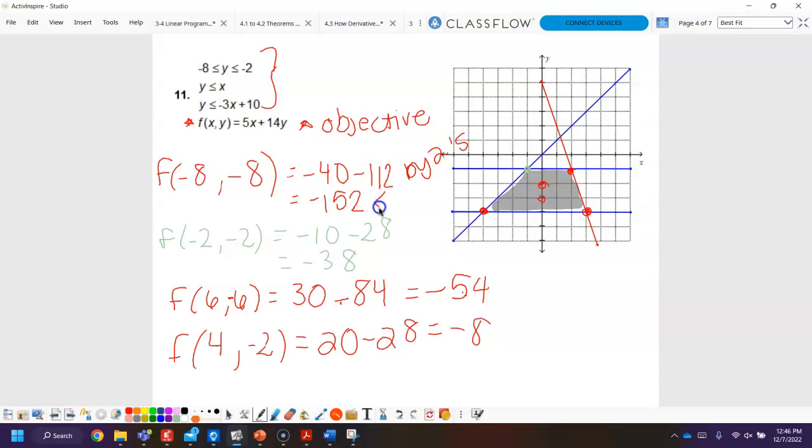So this right here is my min. And this point right here is my max, meaning that no matter what I plug in, my objective function is never going to live outside. So this one right here is never going to be smaller than -152 or bigger than -8.